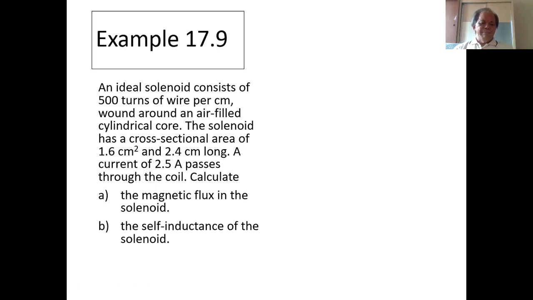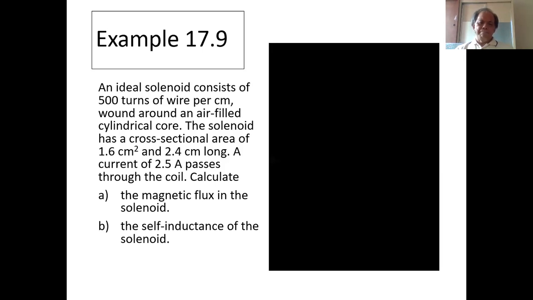And to calculate B. This one is a bit more challenging. What formula to use? Start with that. Since they have given you your N and your I, you don't have to go to the formula sheet.